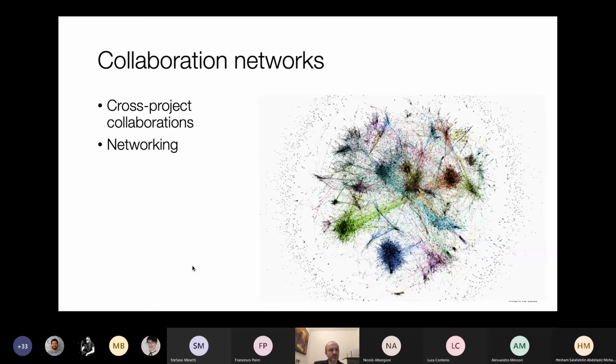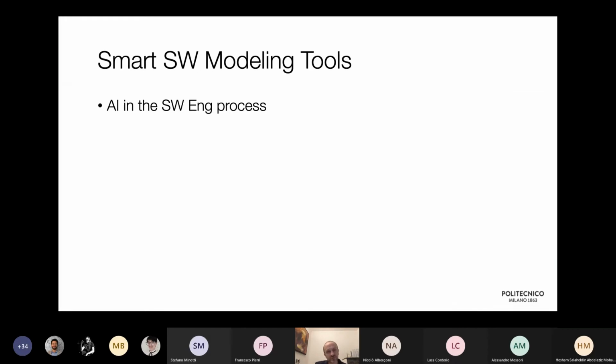Then from here we expand our interests in the topic by moving from just analyzing the data in these kinds of communities and behaviors, also to thinking about how to use machine learning and artificial intelligence to improve the software development process.